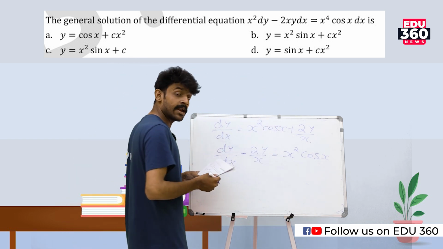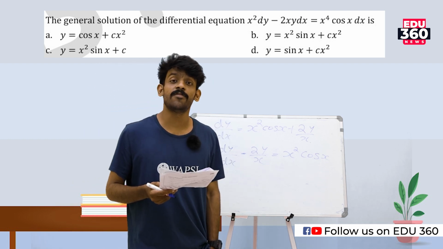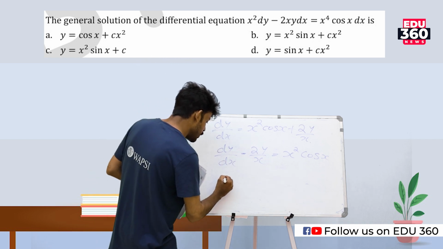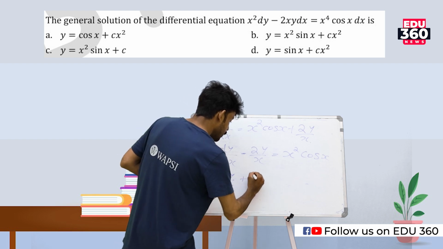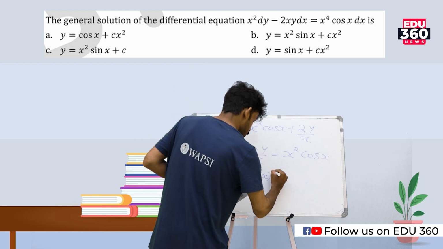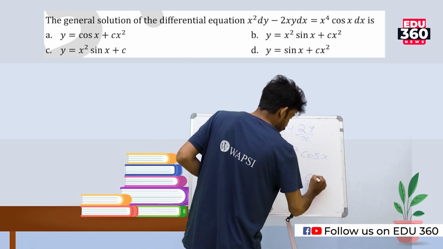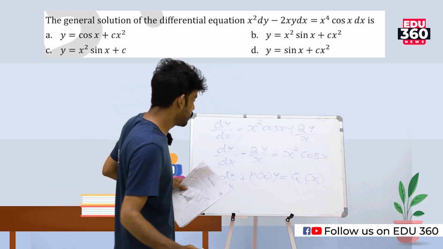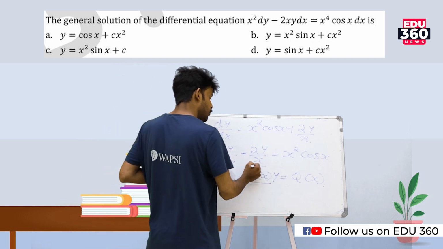So we know that the standard linear differential equation is dy by dx plus p of x into y is equal to q of x. Okay, so this is the standard equation. Now look at here, p of x is minus 2 by x.